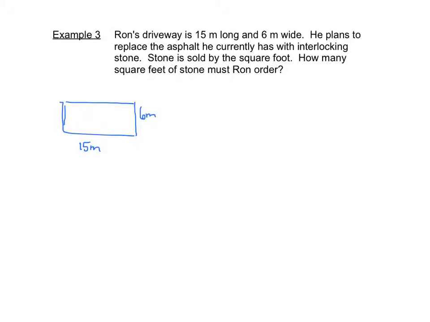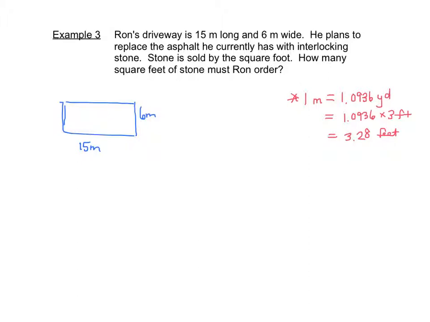So off to the side here, let's remember 1 meter is the same as 1.0936 yards from your conversion charts. And in a yard, there are 3 feet. So if we multiply 1.0936 by 3 feet, we can convert 1 meter to 3.28 feet.